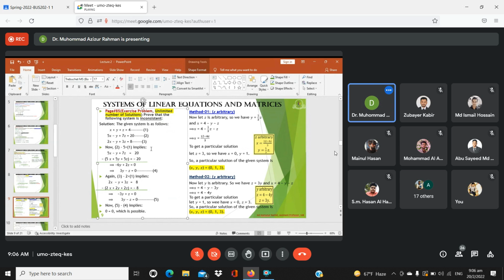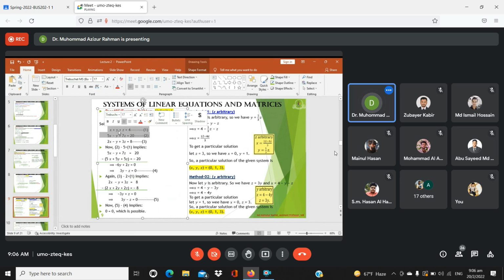For example, let's say we choose equation 2 and equation 1. With this first set of equations, we try to eliminate x. So what should we do if we want to eliminate x?